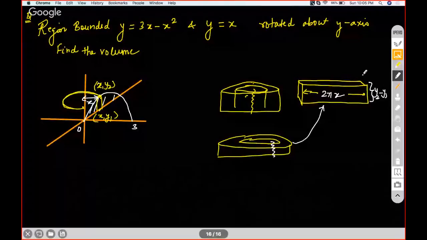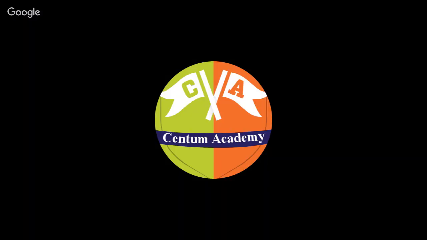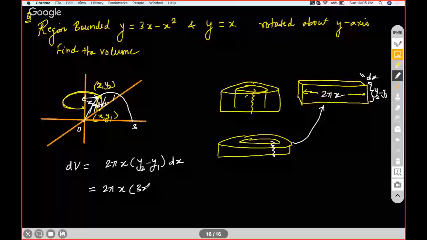So at a distance x, you have taken a thickness of dx. So the expression for the volume would be 2 pi x (y2 minus y1) dx. This is not easy to write because now I will write y2 of the parabola minus y1 of the line.